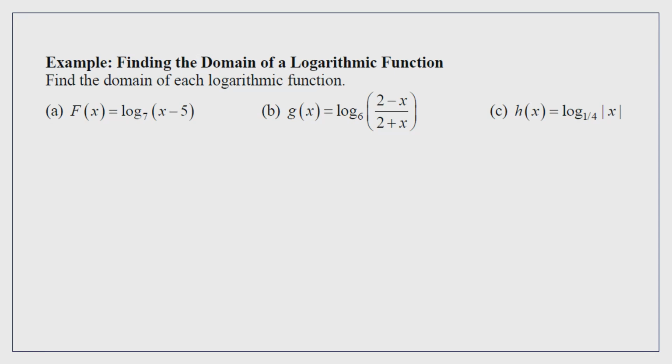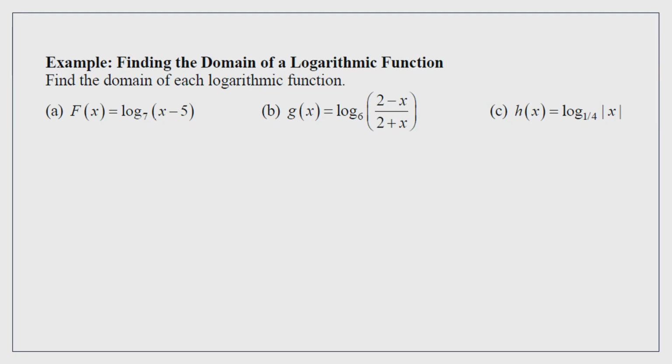So for these 3 problems, we're asked to find the domain of each logarithmic function. So for A, our function is f of x equals log base 7 of x minus 5. Now, the domain of a logarithmic function consists of the positive real numbers, which means that our value must be greater than 0.